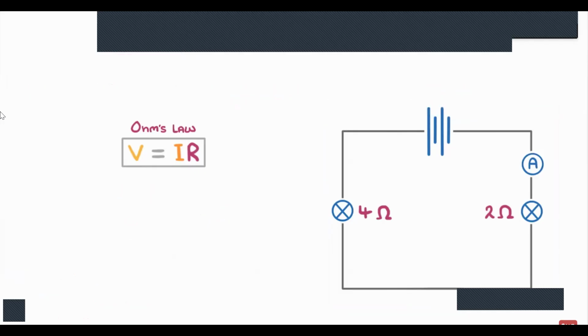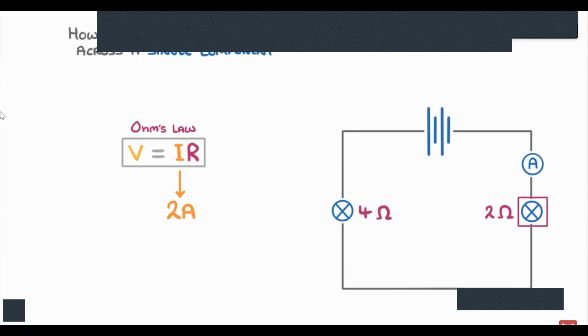The next thing we need to look at is how to calculate the voltage across a single component in a circuit. We just worked out that the current in the circuit is 2 amps. And remember that with current, it doesn't matter whether you're looking at the circuit as a whole or at an individual component. The current is always the same. So we can use that current and the resistance of a specific component to find its individual share of the voltage in the circuit.